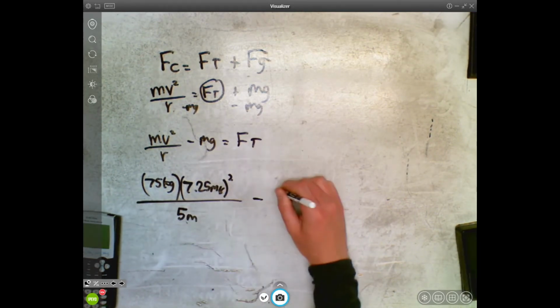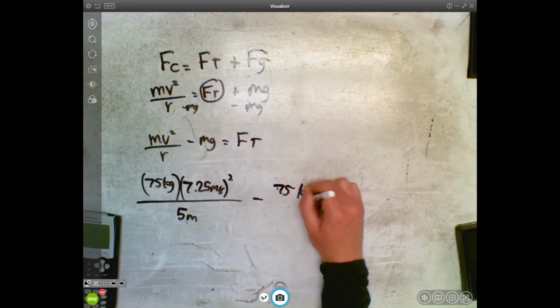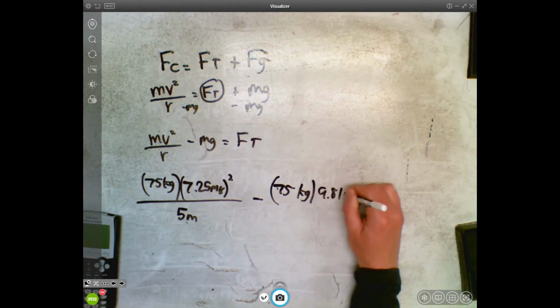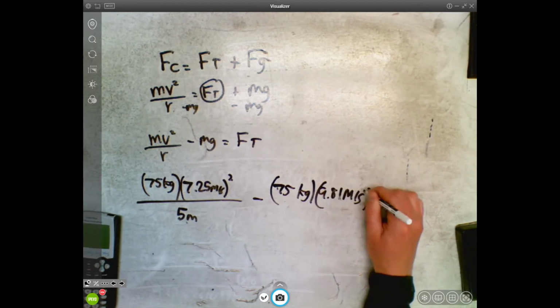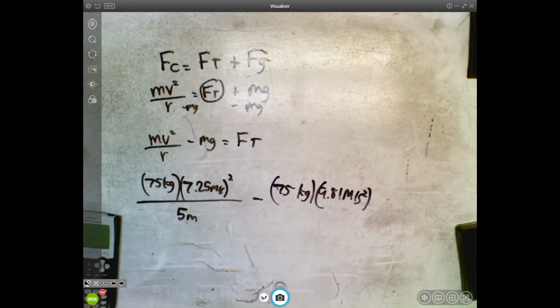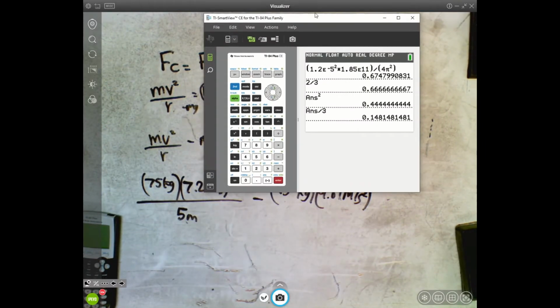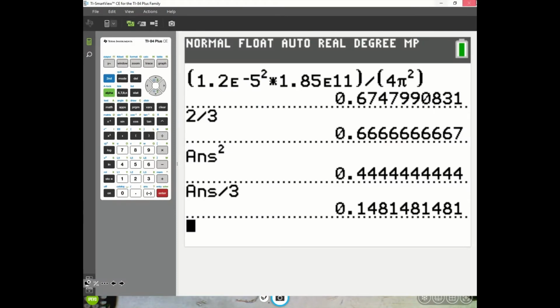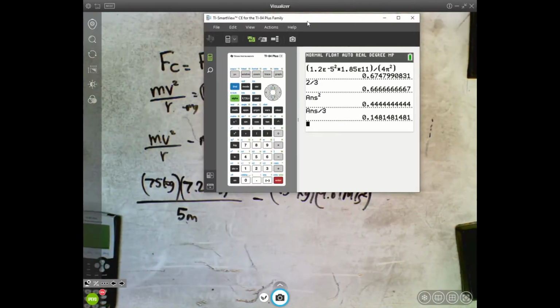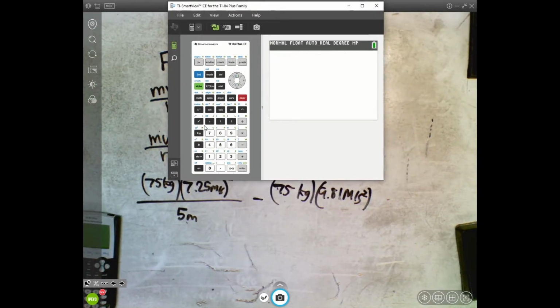And then I subtract 75 kilograms times 9.81 meters per second squared. So that's going to be my calculation. So I would go 75 times 7.25.